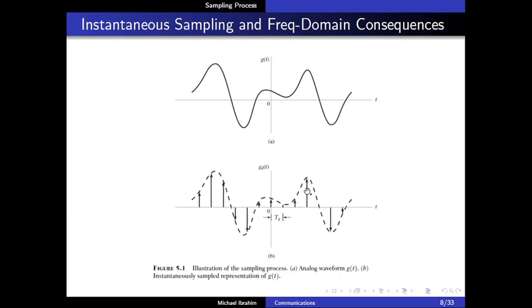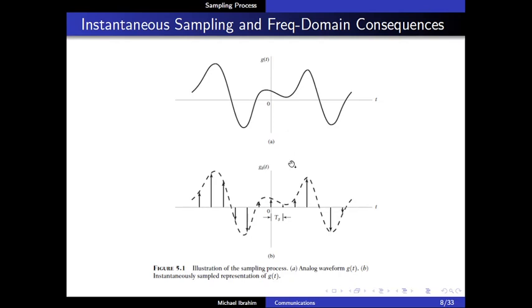For instance, this is an impulse at 3Ts. So this is delta(t minus 3Ts), and the strength or the area under this impulse equals g(t) at 3Ts.